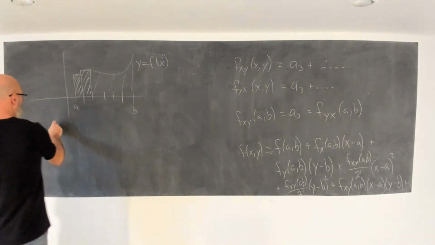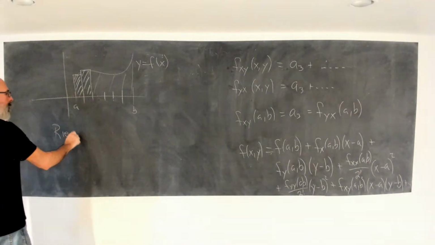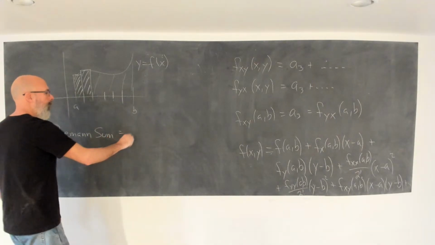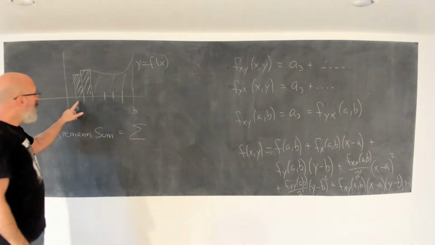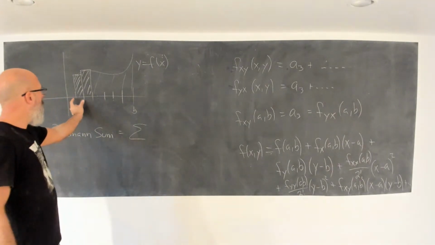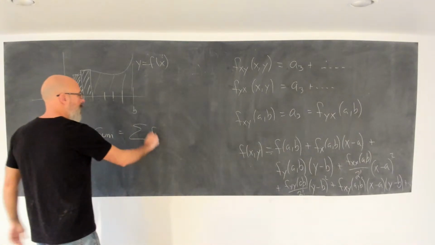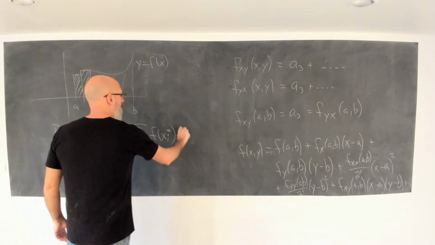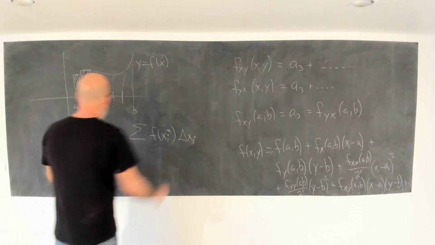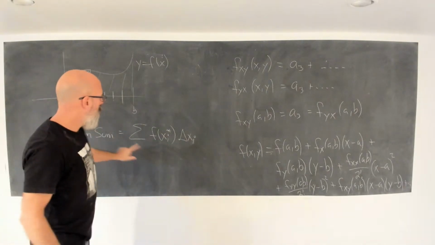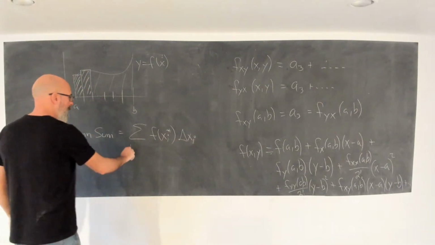This is known as a Riemann sum, right? Which is the sum of the areas of these rectangles. The areas f of xi star delta xi, right? So the width times the height, and you add all of these up.